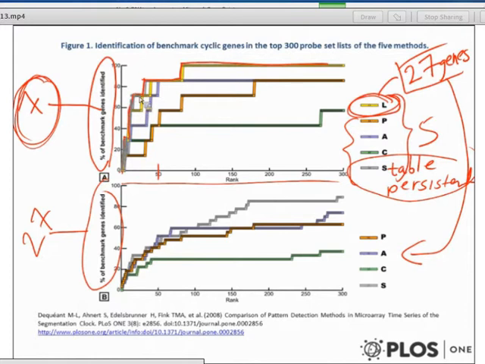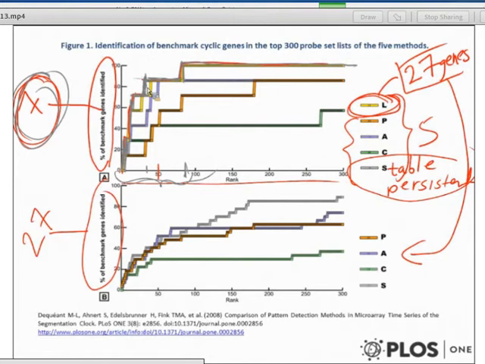You can see that for the 7 genes, it's basically listed within the top 100. Somewhere within the top 100, we actually find all 7 genes. Within the top, up to about here, within maybe the top 40, we found maybe around 85% of the genes using the gray method.